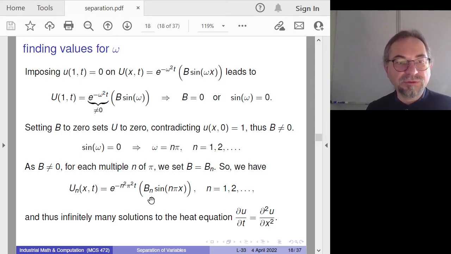So why did we have to do this? Well, it doesn't make sense to assume that the sine function is decoupled from the B. So we can also allow for any value for n, we have a different B. So now we have solutions that are characterized by these coefficients, this B_n.